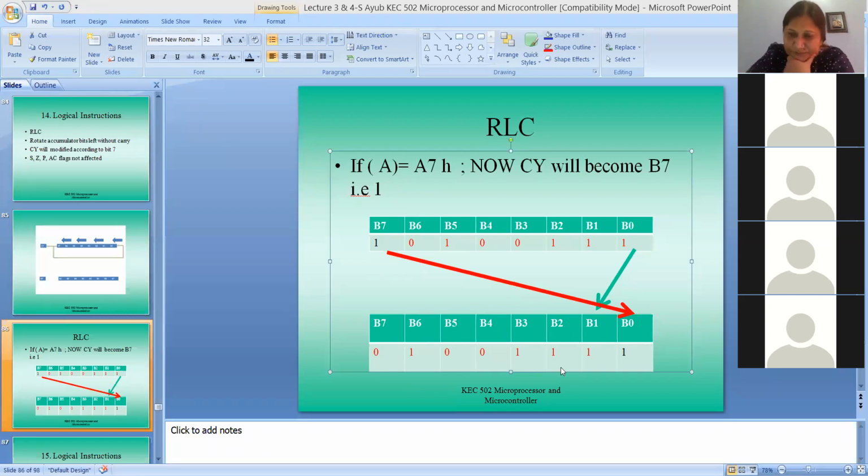Understood? Everybody? Yes, ma'am. So don't get confused. If it is written C, that means it is without carry. The carry flag will be modified with B7, but the carry flag is not taking any position in these bits. So this is how your rotate left is working.